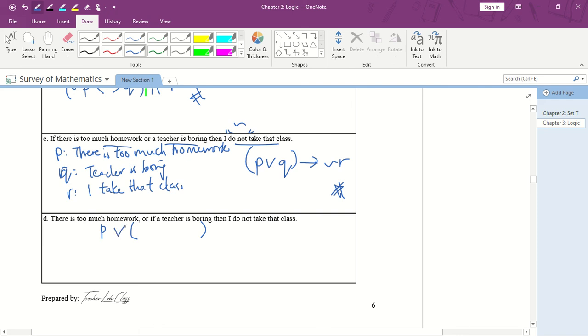If the teacher is boring, which is Q, then I do not take that class. The class is R, I do not take the class, negation R. So P or (Q to negation R).